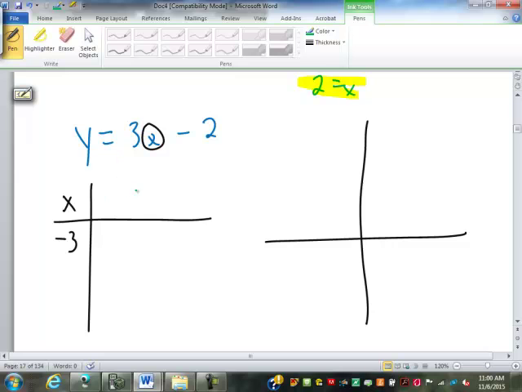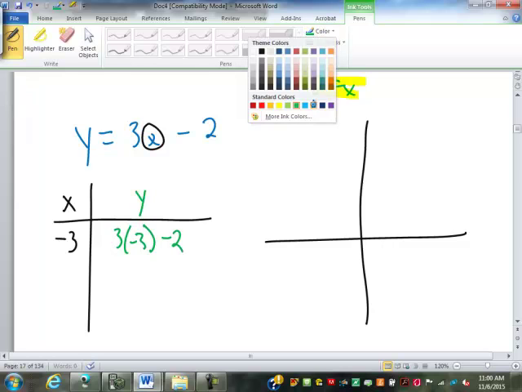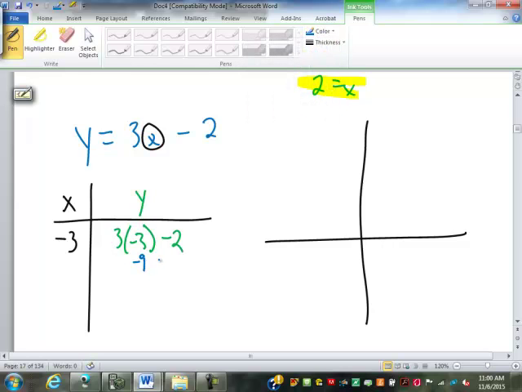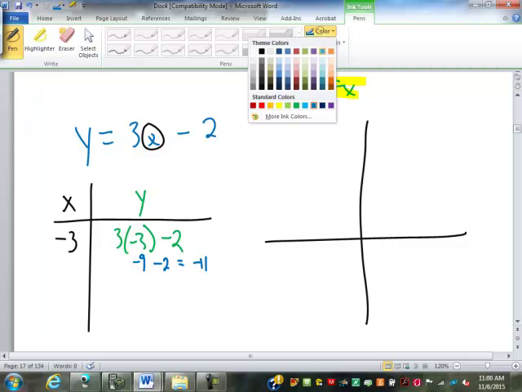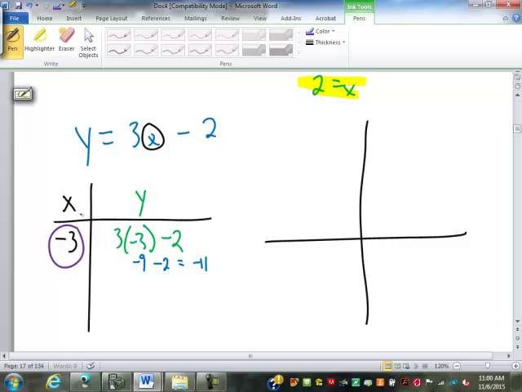So let's do that calculation. If x is -3, y is then going to be 3 times -3 minus 2. Well, what's 3 times -3? -9. Then minus 2 is -11. Very good. So what this is telling us is when x is -3, y is -11.